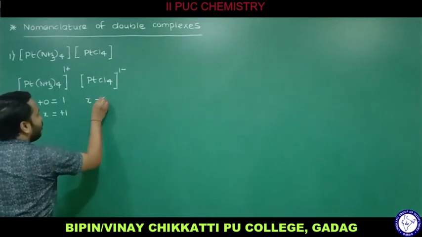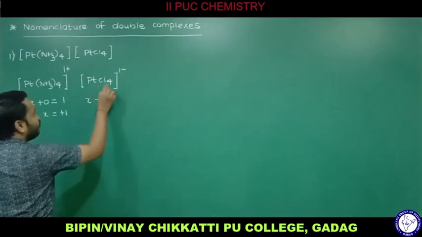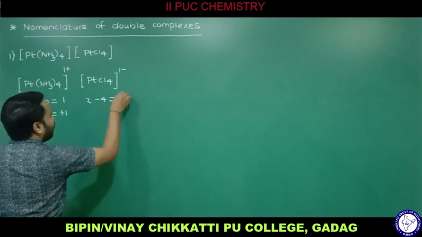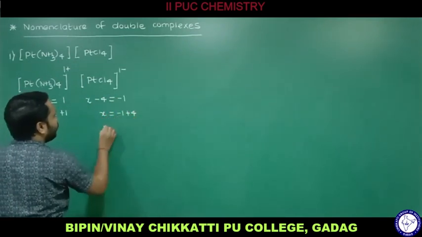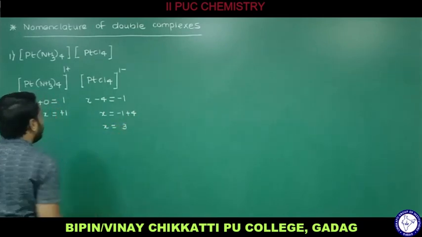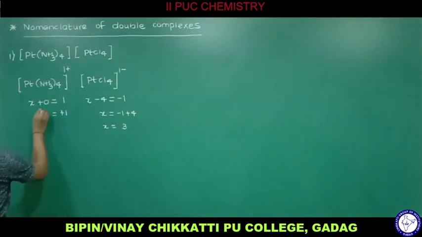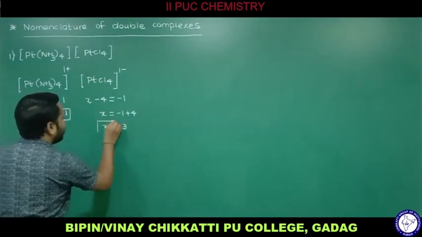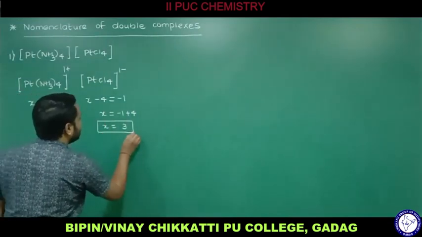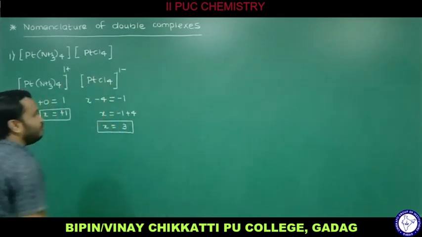So X minus 4, since each Cl is 1 minus, is equal to minus 1, and X is equal to minus 1 plus 4, so X is equal to 3. So here we got the oxidation number of platinum as plus 1 and plus 3 if we consider the charge as plus 1 and minus 1.